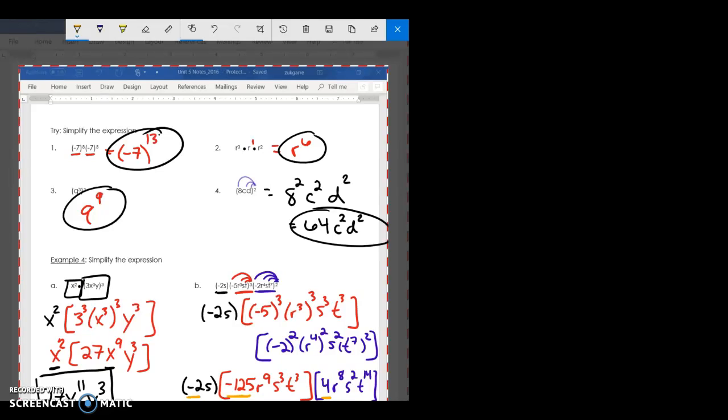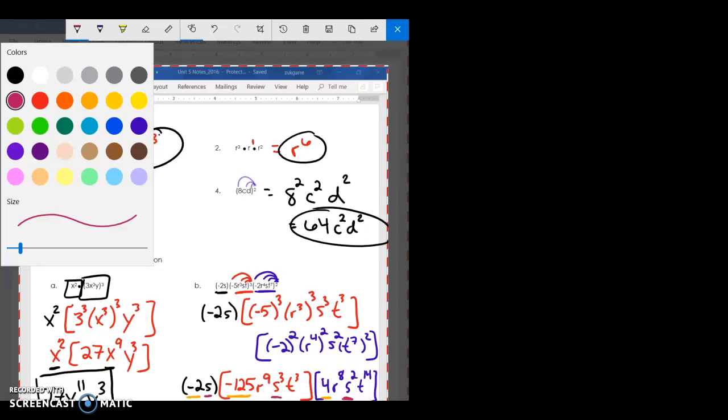Times 4 is 1,000. And then I see an s cubed and an s squared. Since I'm multiplying, I'm going to add my exponents. So this is like s to the 1. So 1 plus 3 is 4, plus 2 is s to the 6th.